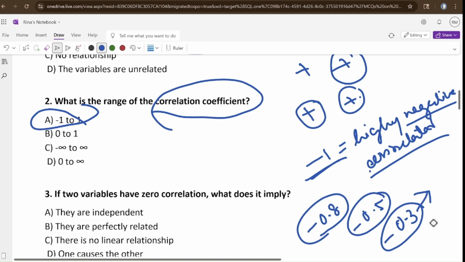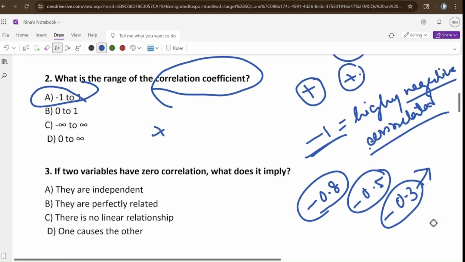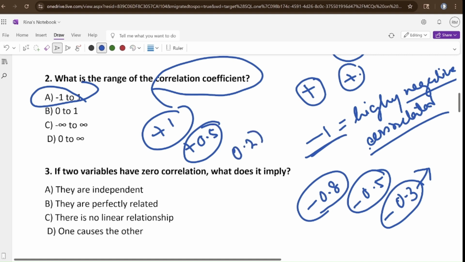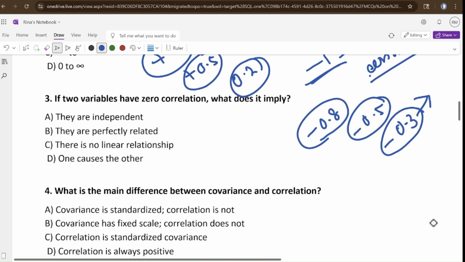In the same way, +1 is highly positively correlated, 0.5 is positively correlated but kind of neutral, and 0.2 is positively correlated but very weak. You understand the difference.